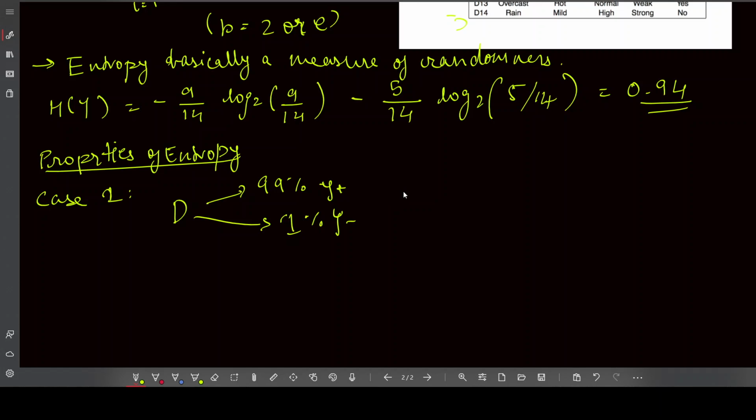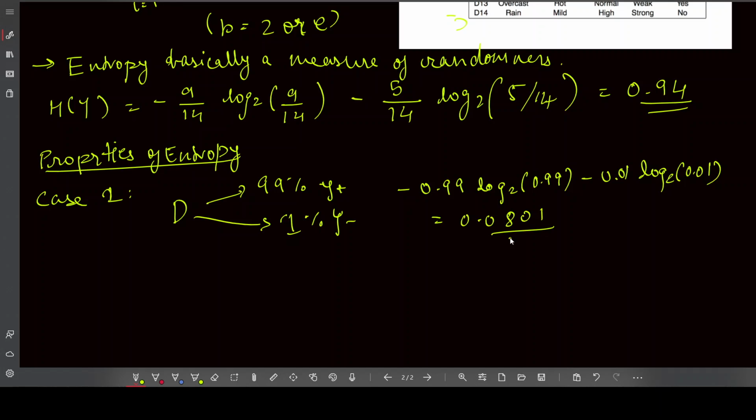If I take the entropy over here, I'll have the entropy as minus 0.99 log to the base 2 of 0.99, minus 0.01 log to the base 2 of 0.01, correct? And this comes out to be 0.0801. Now let's look at case 2.